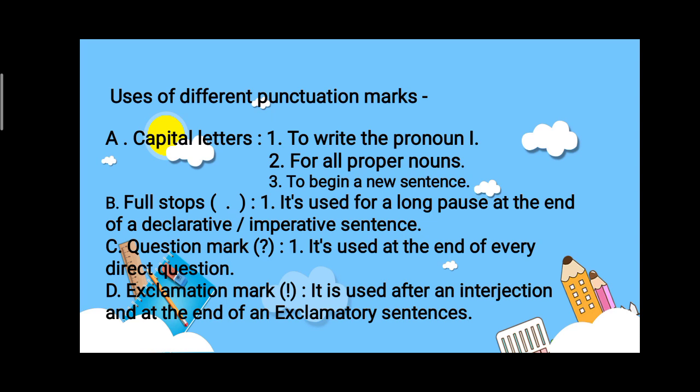This kind of words which express emotions are called interjections. So we can use exclamation marks after interjection words and also at the end of an exclamatory sentence, which expresses a strong feeling or emotion.